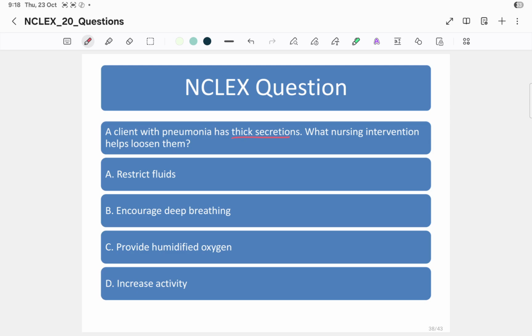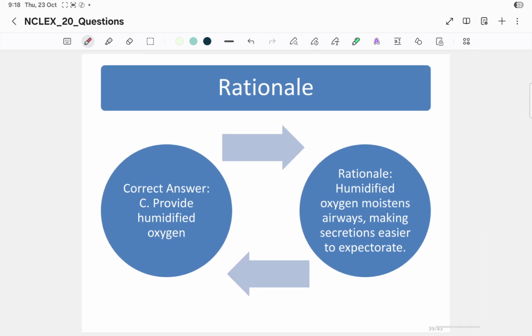The correct answer is to provide humidified oxygen, because it moistens the secretions and helps to expectorate. Clear? Rationale: humidified oxygen moistens airways, making secretions easier to expectorate.